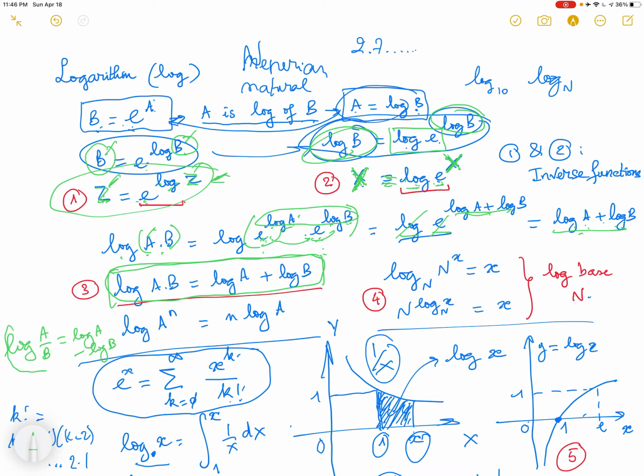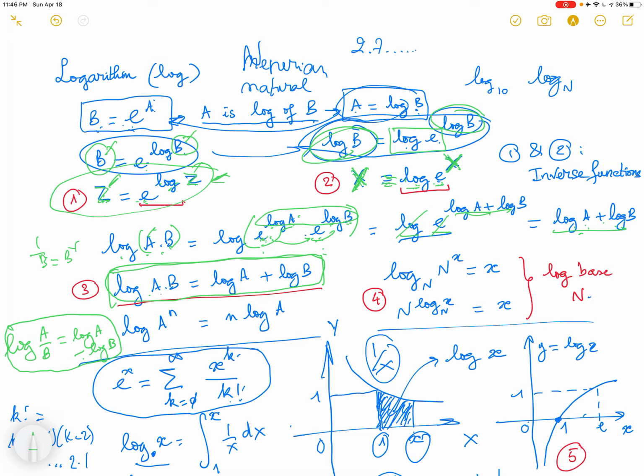Similarly, when you have log of a over b, it becomes log a minus log b. In this case, treat 1 over b as b to the power of minus 1, and you will come up with the same formula.